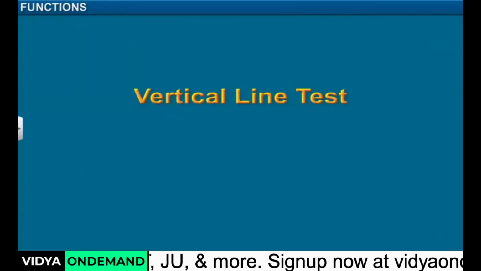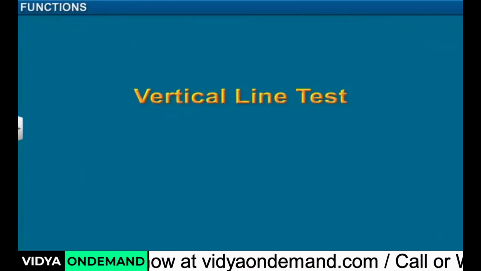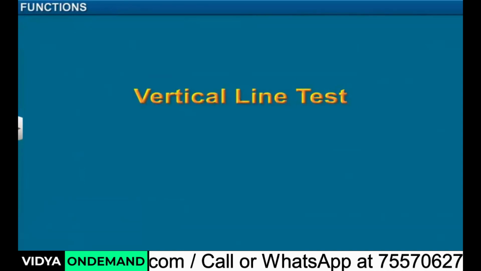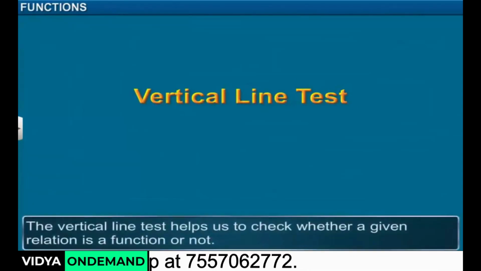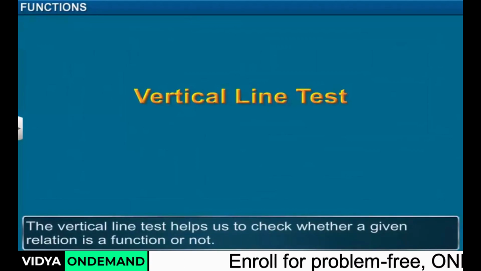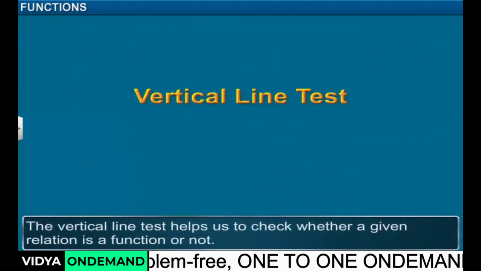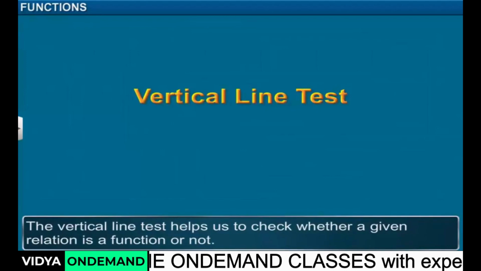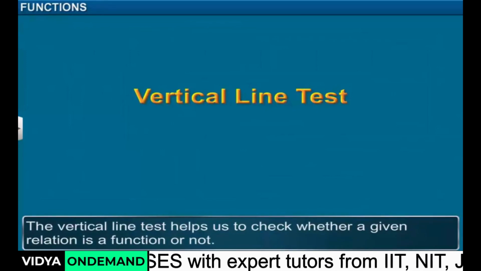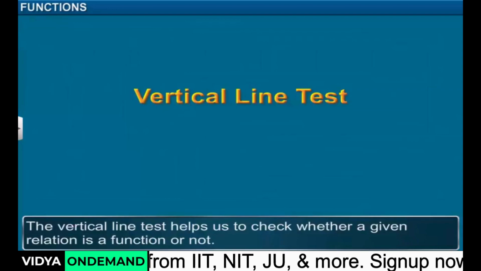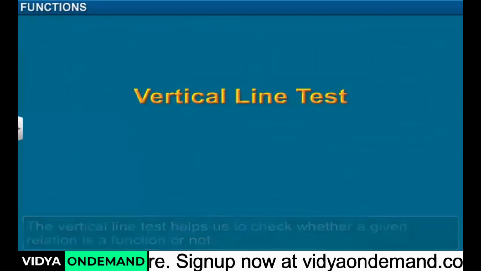Every relation can be represented with the help of a graph. When a graph of a relation is drawn, we can use a test to determine whether it is a function. This test is known as the vertical line test. Let us consider the graphs of two relations.